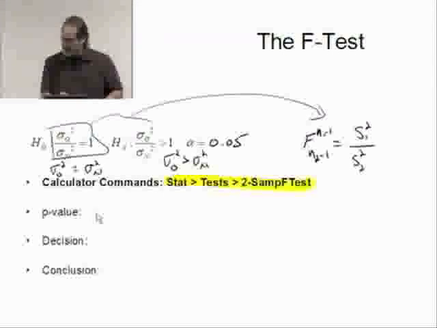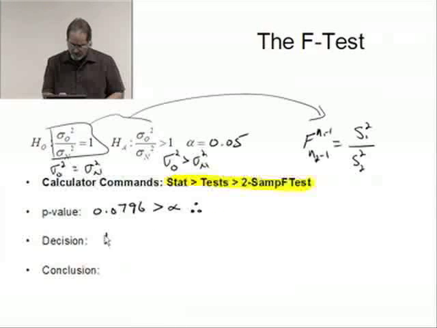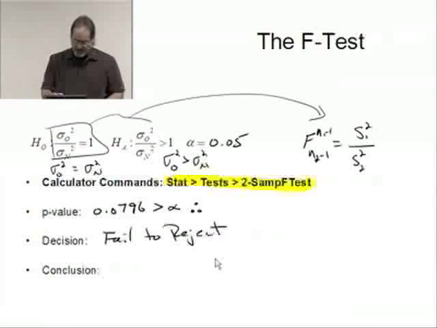So, back to the computer screen here. The p-value was 0.0796. This is greater than alpha. Therefore, that brings me to my decision of fail to reject.